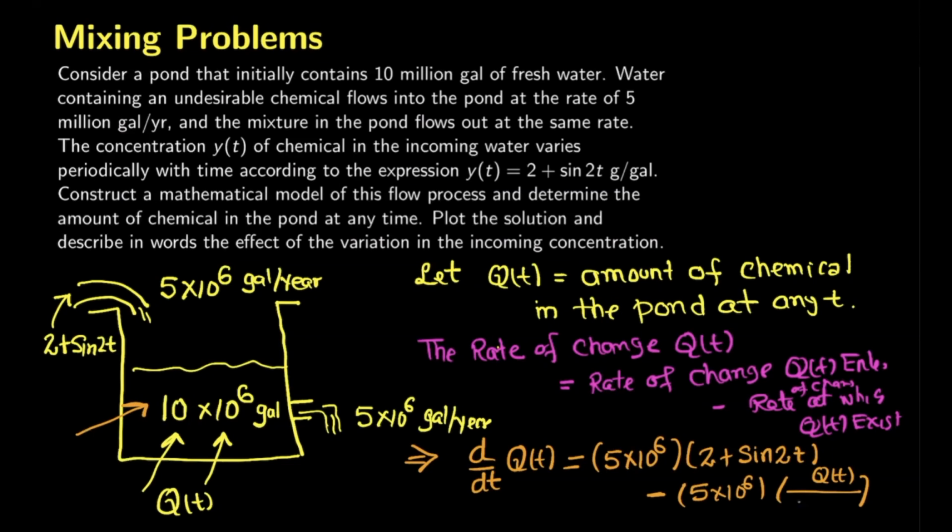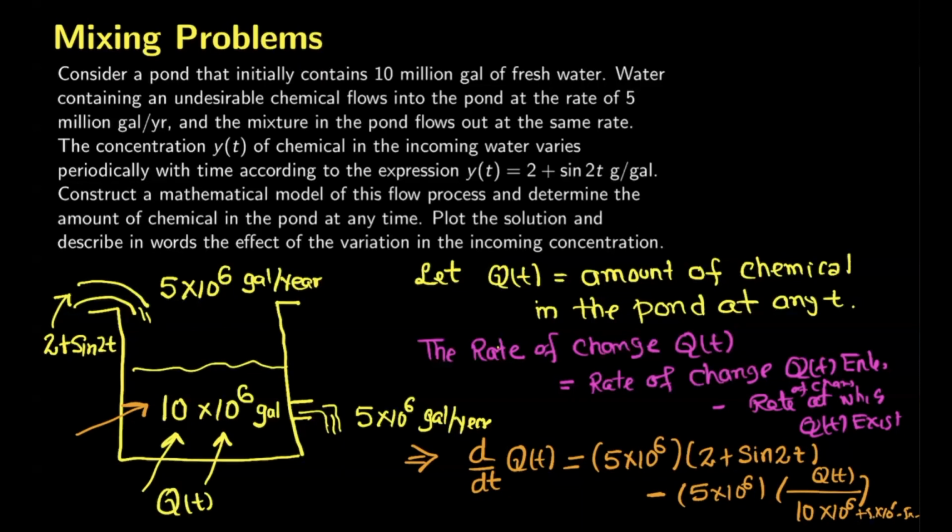It is 10 times 10 to the power 6, meaning 10 million. Since 5 million gallons enter and 5 million gallons exit, if you add 5 million and subtract 5 million, there will be just 10 million left in the pond.